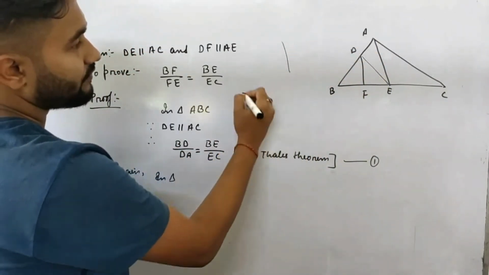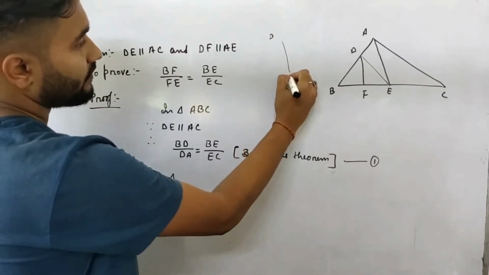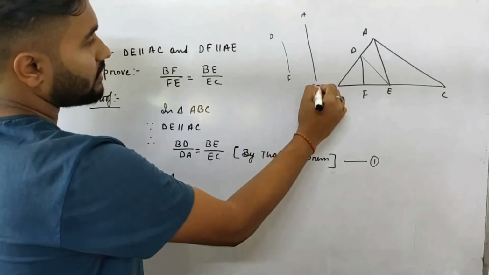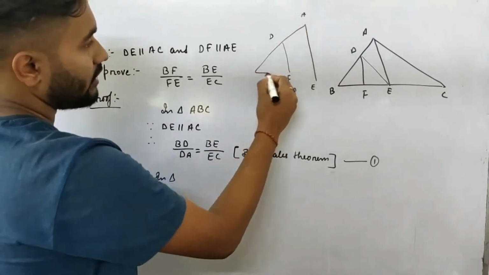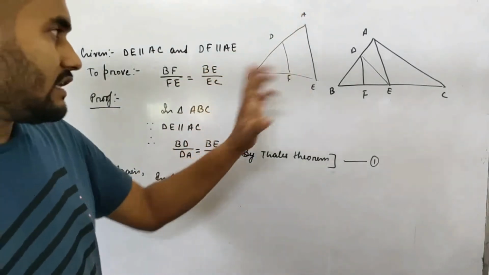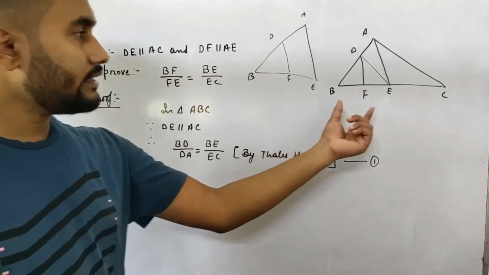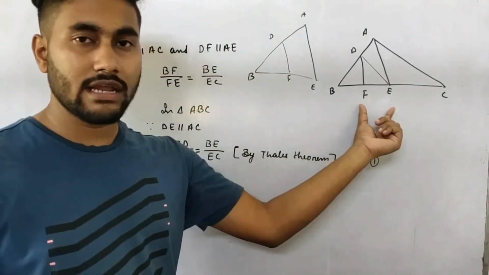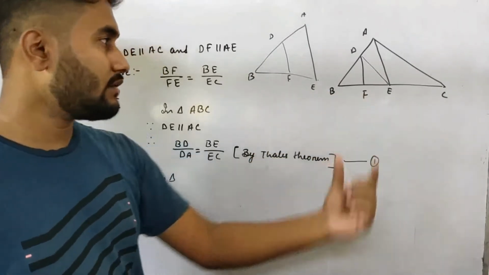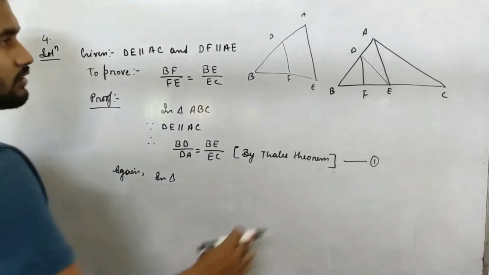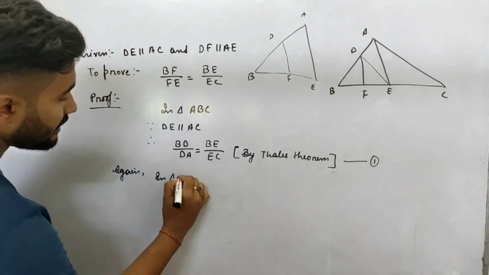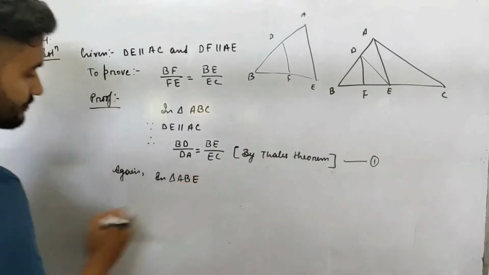This is DF, and this is AE. This is AE, the larger one. So the triangle will be how? Triangle will be like that. Over here is B. So the triangle will be what? ABE. Understood? Try to find the triangle directly from this diagram. Okay, no need to draw this like this. It is better if you find directly from this diagram only. So in triangle, what will be the triangle? ABE. ABE, right?